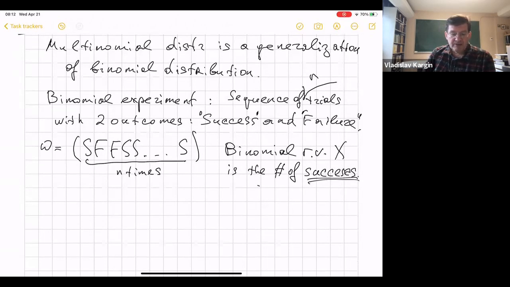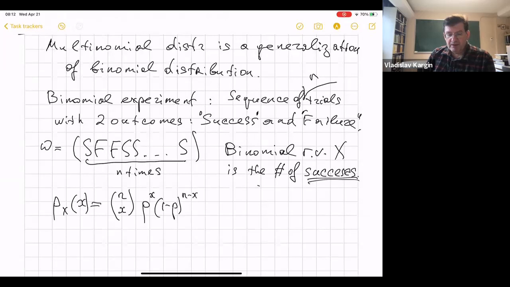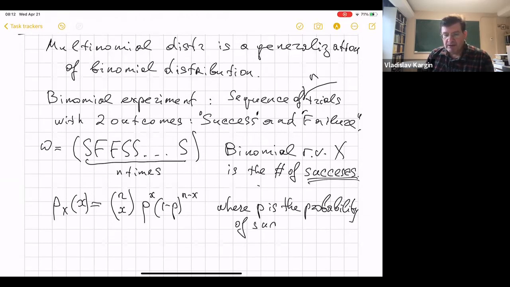The probability that X takes the value x was equal to this: x out of n, usually we call it k, but let me write x, multiplied by p to the power of x and 1 minus p to the power of n minus x, where p is the probability of success in a trial.